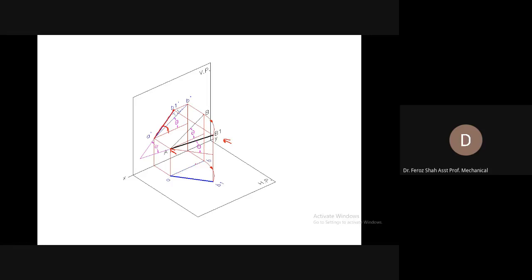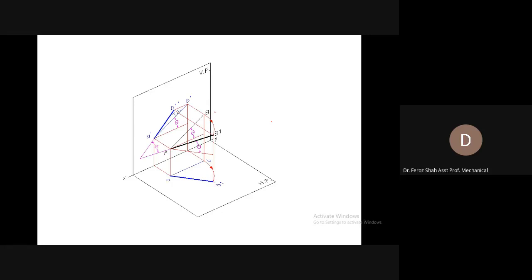Previously, as the line was not inclined to the vertical plane and it was only inclined to the horizontal plane, the top view was parallel to the XY reference line. Now, as you have also made the line inclined to the vertical plane, its effect on the top view is that the top view will not remain parallel to the XY reference line and it would move to this new position.